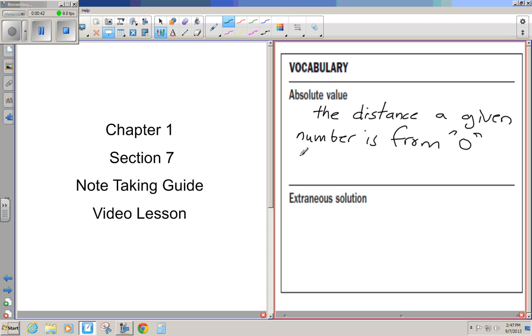So that's why the absolute value of 3 is 3, because on a number line, it's 3 units away from 0. That's why the absolute value of negative 3 is 3, because negative 3 is still 3 units from 0.